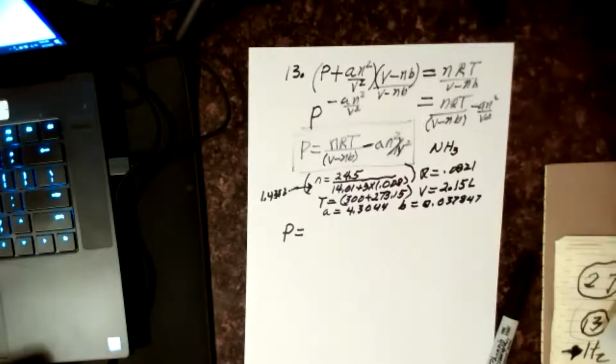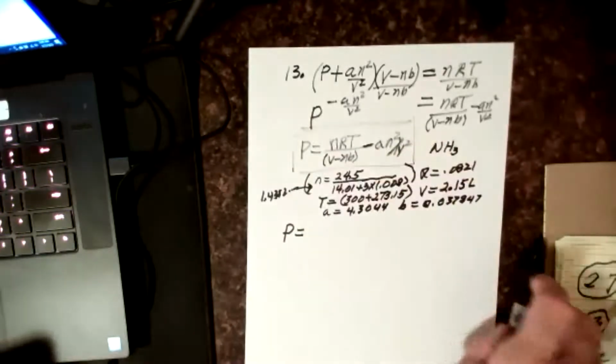Okay. Now, second entry. Now I'm going to go back up here and I see where the mistake is. It was 300 plus 300. That should have been a plus, 273.15. I think that fixed it. Yes, I got something to work.